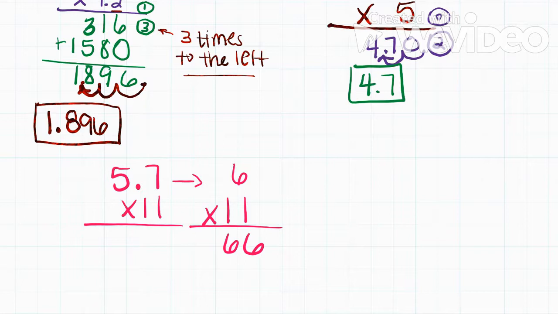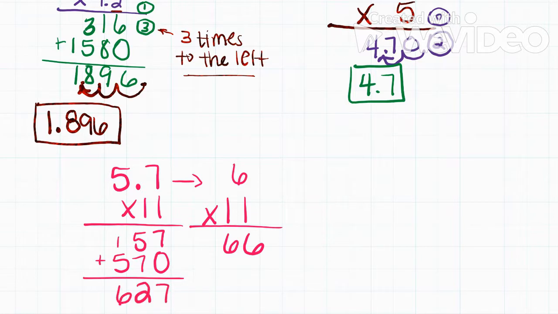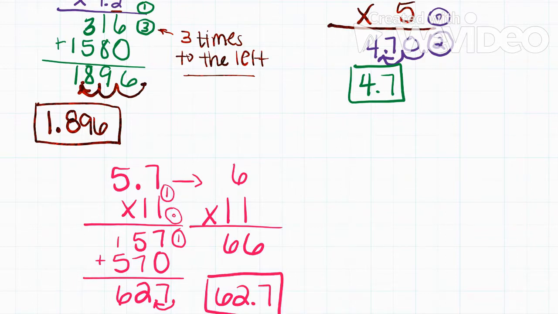So what I'm going to do is multiply here. And here, my answer is 62.7, which is somewhat close to 66, which helps me to keep my answer reasonable.